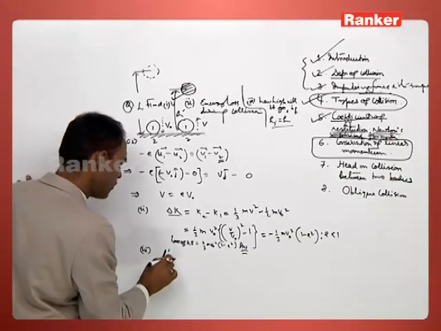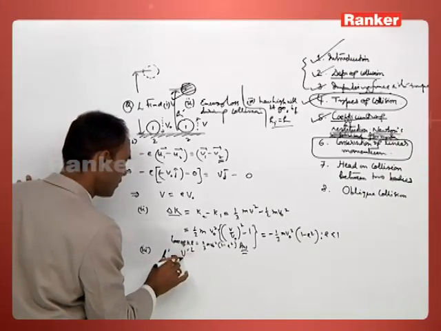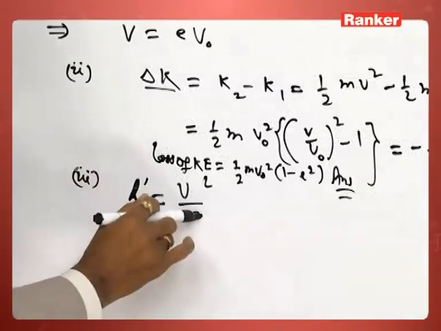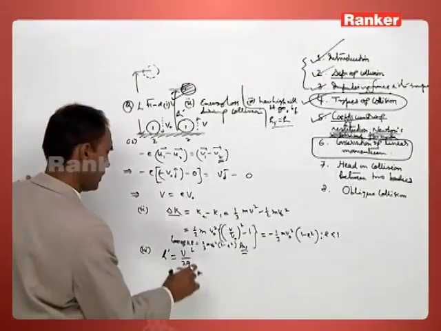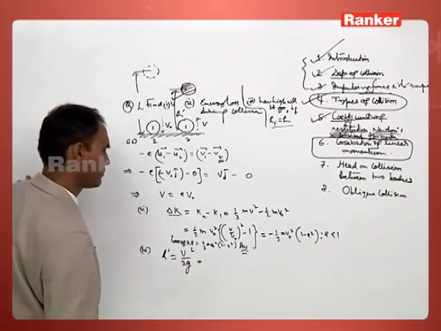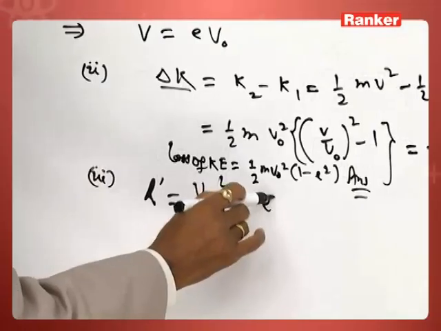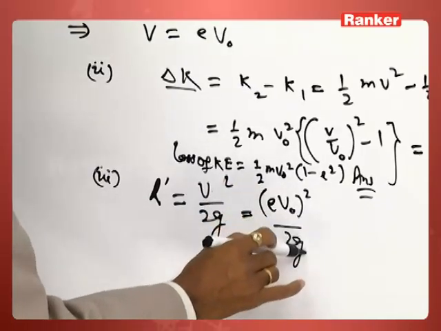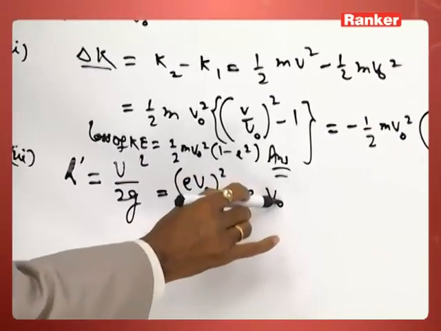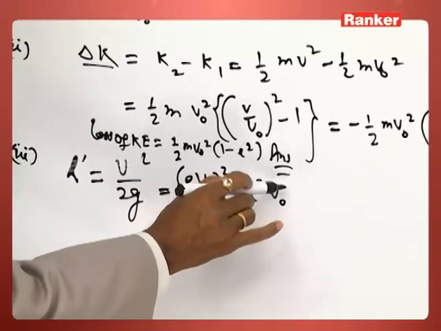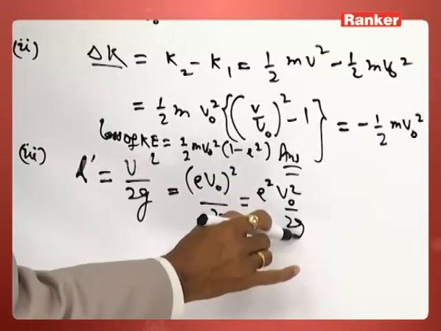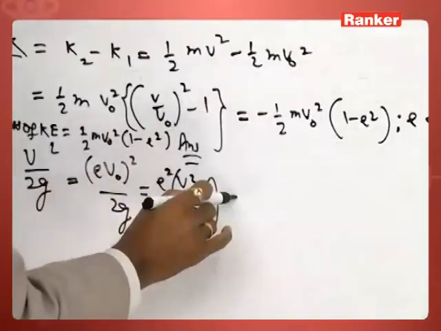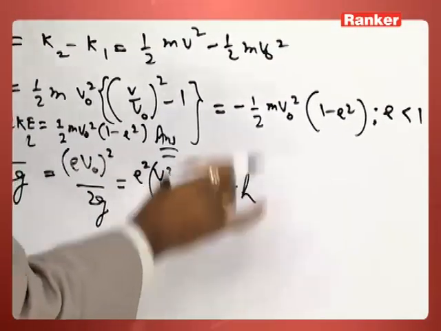h dash is equal to v square upon 2g, and v is equal to e into v naught. So we get e square into v naught square upon 2g, and v naught square upon 2g we can write as h.